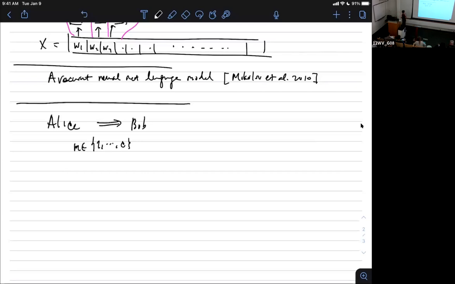Now, in order to send this message to Bob, how many bits does Alice need to use to ensure that her message was sent to Bob well enough? Log of what? Log of M. Well, is it true?